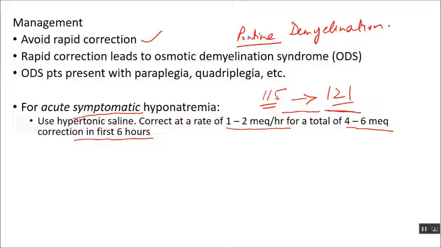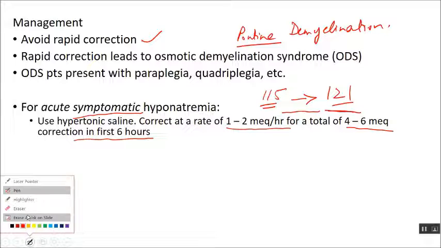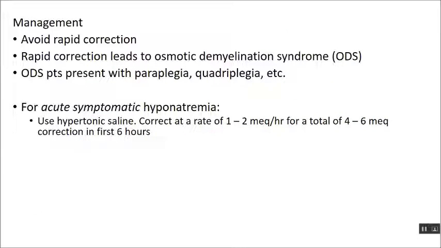Okay, one thing that I should have mentioned, and it's a good idea to mention it right now, is how do you define the severity? Normal sodium is 136 to about 146.